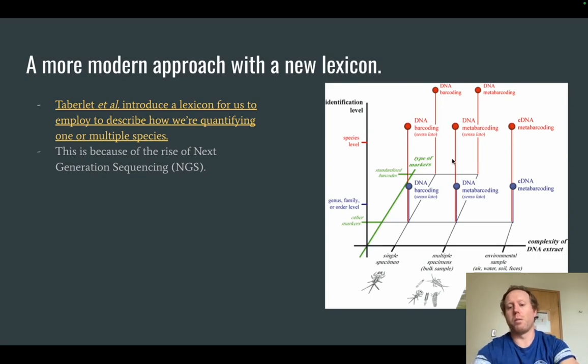So this paper was really nice in terms of being able to coalesce our lexicon onto what we were really doing. In my case, for Atlantic sturgeon, it would be just eDNA. It wouldn't really be metabarcoding, just eDNA barcoding, because we were looking at a single species, right? So it'd be eDNA barcoding, not eDNA metabarcoding, because we're looking at a single specimen.